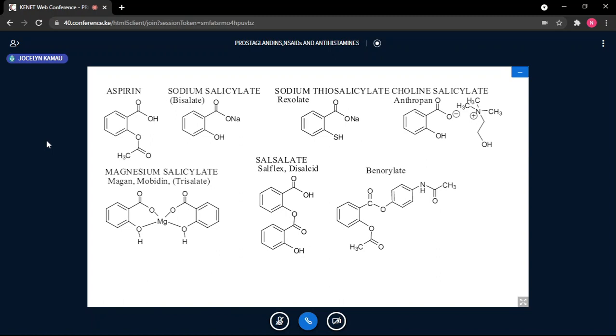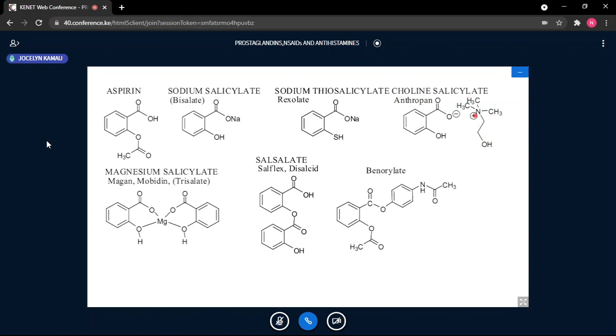So we are starting with aspirin or acetyl salicylic acid, sodium salicylate, sodium thiosalicylate, just an SH there. Then there is choline salicylate.